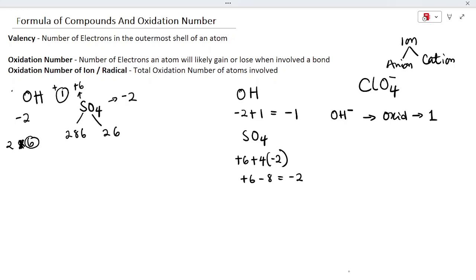And that gives us minus 2. And this is the reason why you normally see SO4 2 minus. And that in itself means the oxidation number is 2. This is practically how you calculate it, and you can see how you get the concepts of oxidation numbers.